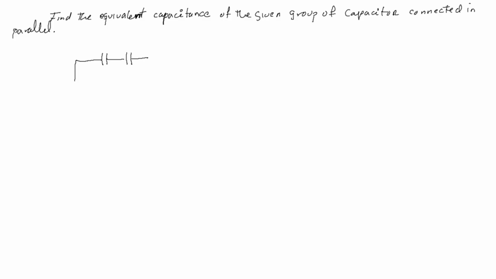So this will be capacitor 1, capacitor 2, capacitor 3, and capacitor 4. Capacitor 1 has a capacitance of 2 microfarads. Capacitor 2 is 3 microfarads.